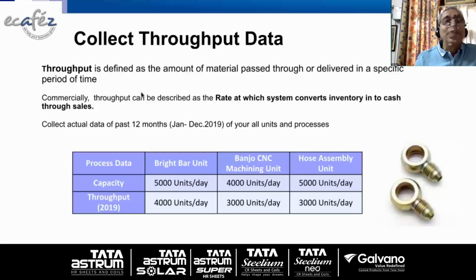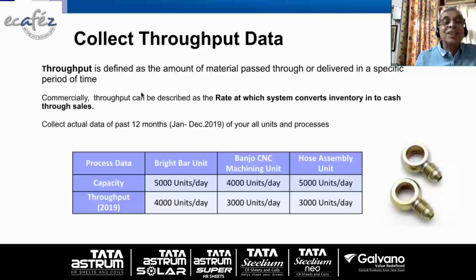If I summarize, throughput is the key parameter which you have to monitor and continuously improve. Commercially, it can be called the rate at which the system converts inventory into cash through sales. For the finance people, throughput is the rate at which money is coming into the system.